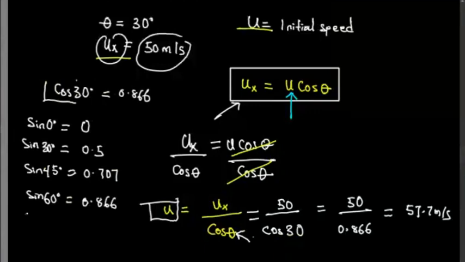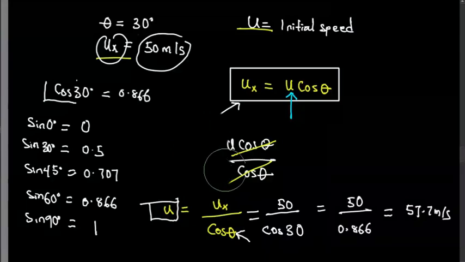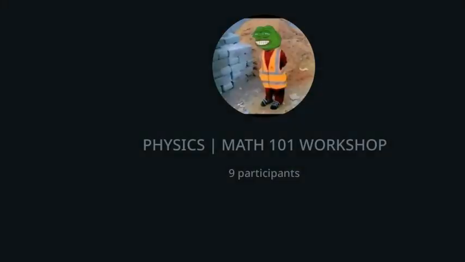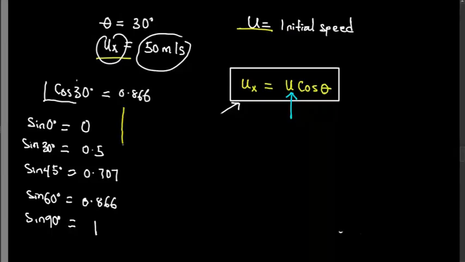We know that sine 90 degrees is equal to 1. Are we following? These are the values for sine you should memorize. Memorize all these values here.